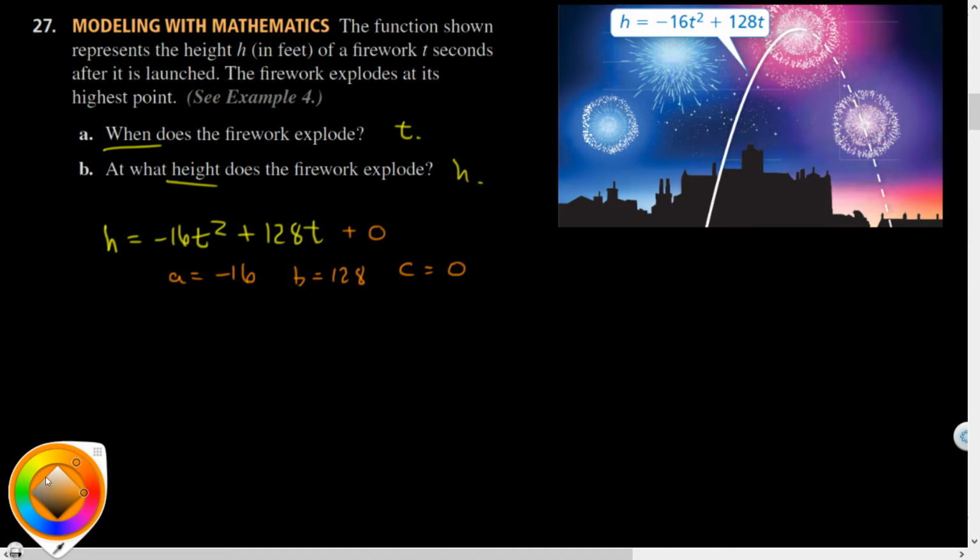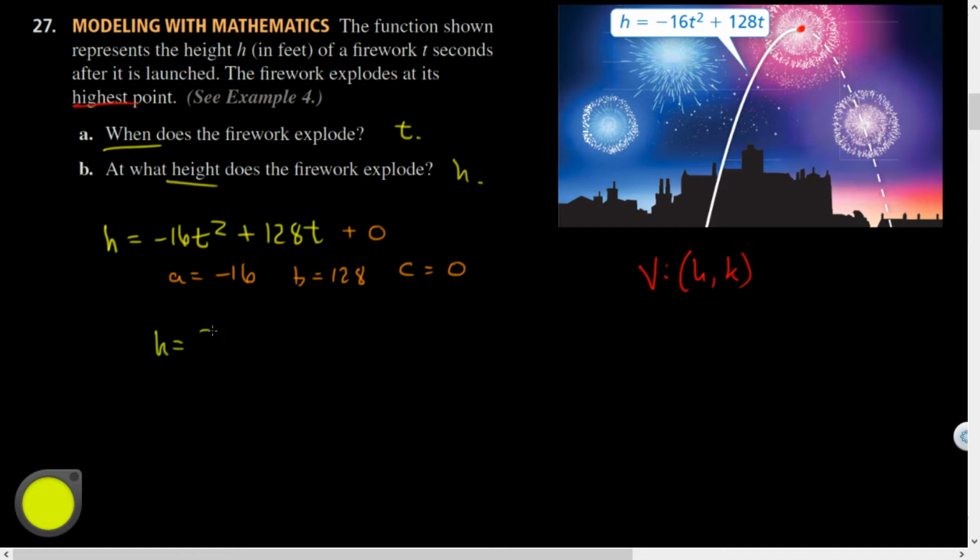So, if I want to find... well, here, hold up, just a minute. The point that they're describing is the maximum. They said it explodes at its highest point. So it's going to be exploding at the vertex. So I'm trying to find the vertex, which means I'm going to use my negative b over 2a.